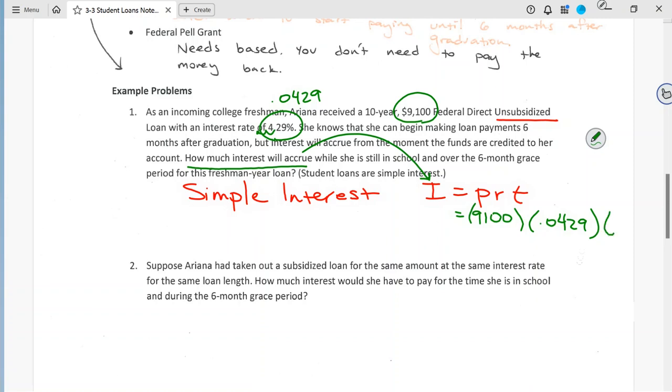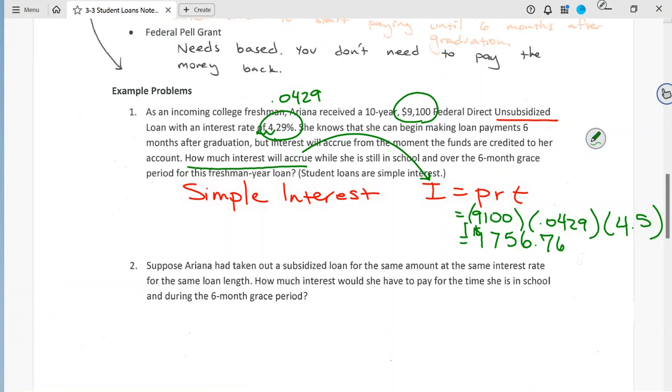That's approximately 4.5 years. Okay, now time is a time in years. So 4.5 is the 4 years in college, plus 6 months after to get a job. If you multiply those together, you get an amount of $1,756.76.